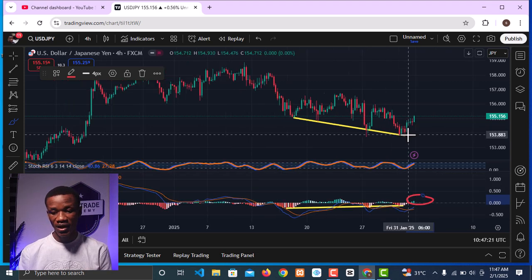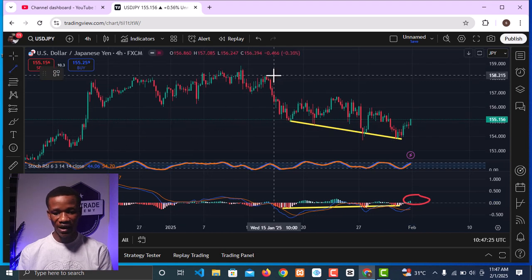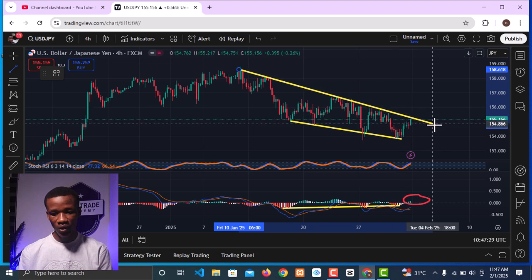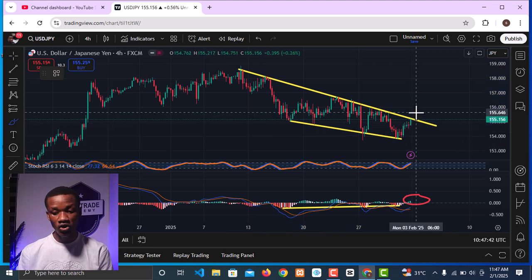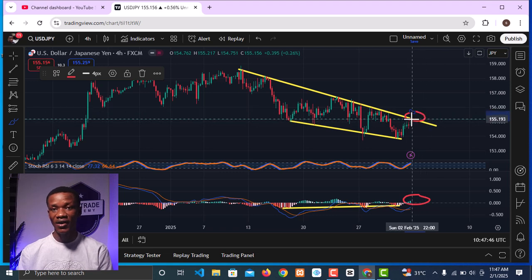Confirmation number two is for us to place a trend line on the resistance level from here all the way to this point, and we need to wait for the market to break out of this trend line, and that is what I am waiting for immediately as we resume the market on Monday. The market should move upward, and we should see a bullish candle that breaks out on this very level of important resistance.